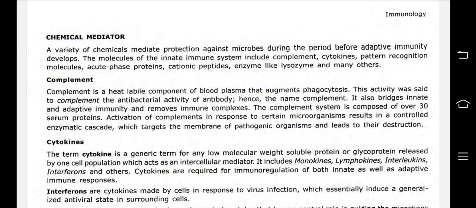It also bridges innate and adaptive immunity and removes immune complexes. The complement system is composed of over 30 serum proteins. Activation of complement in response to certain microorganisms results in a controlled enzymatic cascade which targets the membrane of pathogenic organisms and leads to their destruction.